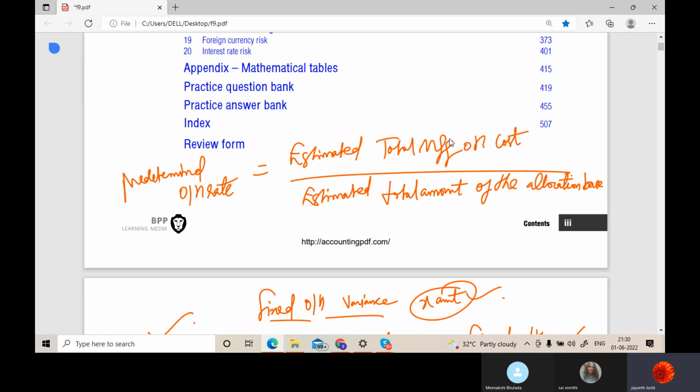So what is the estimated total manufacturing overhead cost given the question? That is total budgeted manufacturing overheads, 3,60,000 whole divided by estimated total amount of the allocation base. Total amount or total hours.